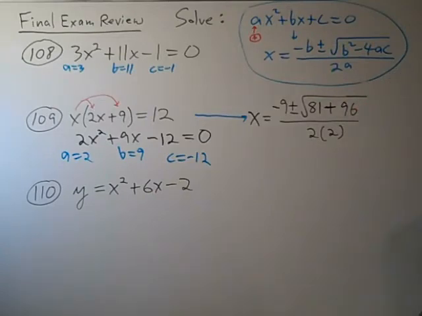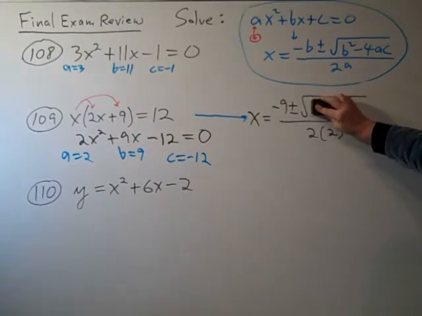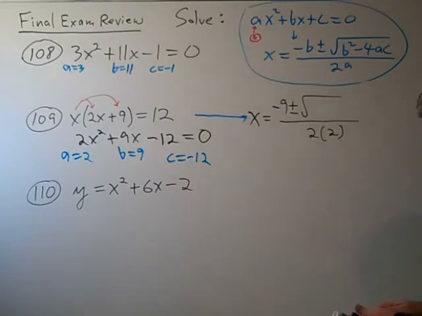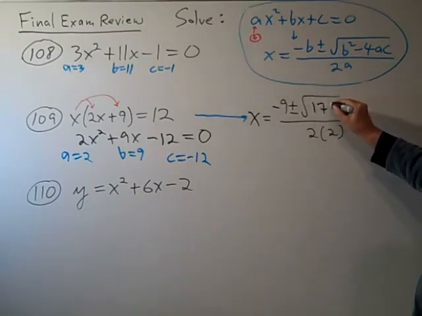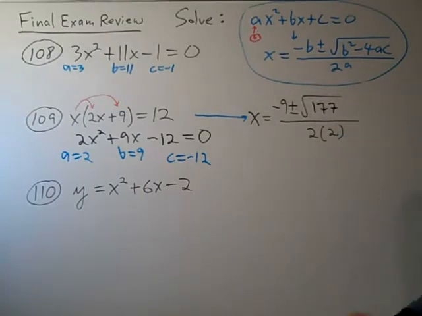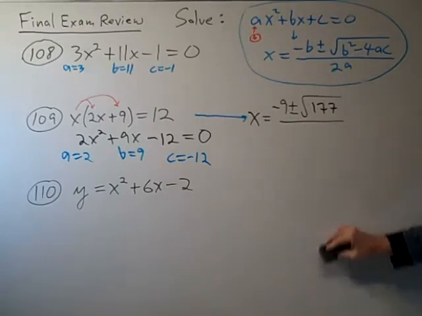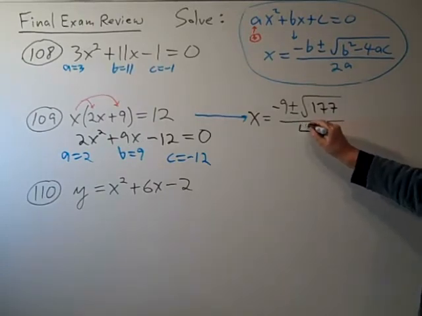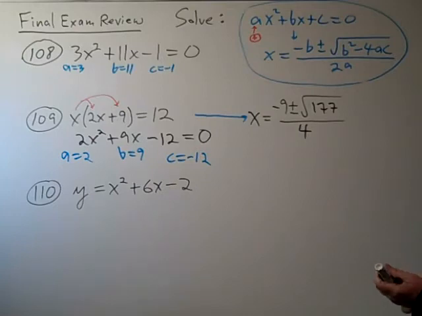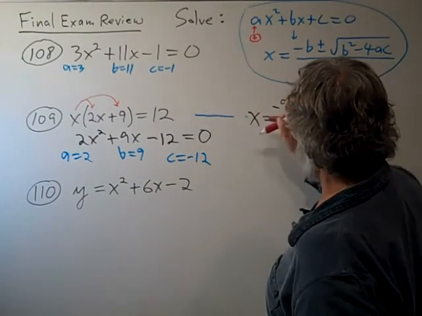And 81 plus 96 adds up to 177. And 2 times 2 down there is 4. So there we have the two solutions to this quadratic equation.